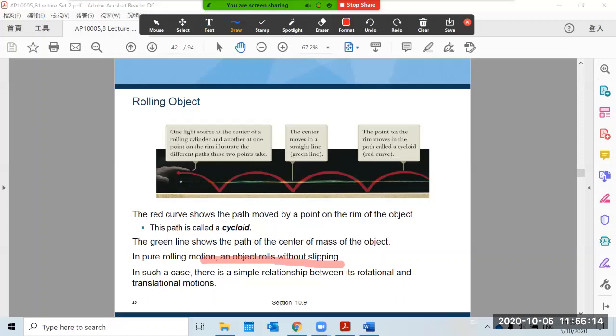The center of mass is of course moving in a linear fashion, but at the same time, particles on the surface of the cylinder will be moving as well. So what is the actual form of motion?